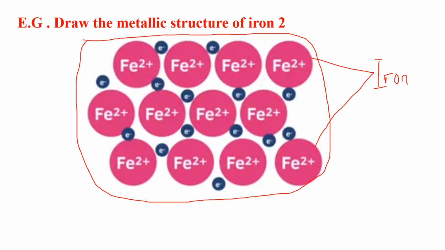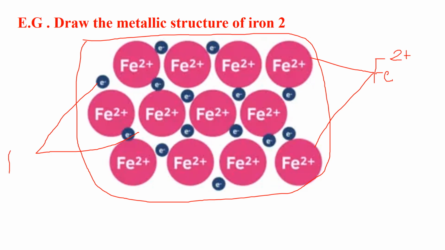So this is the ion. And then we also have the free moving electrons.